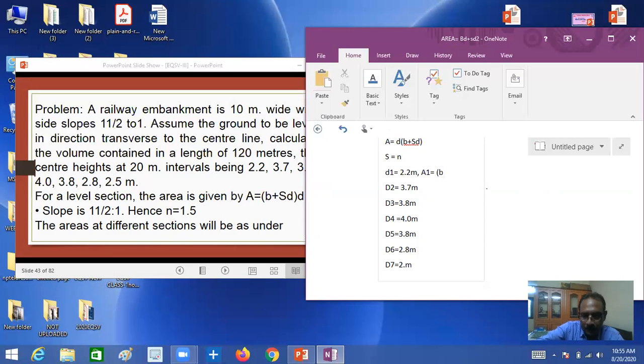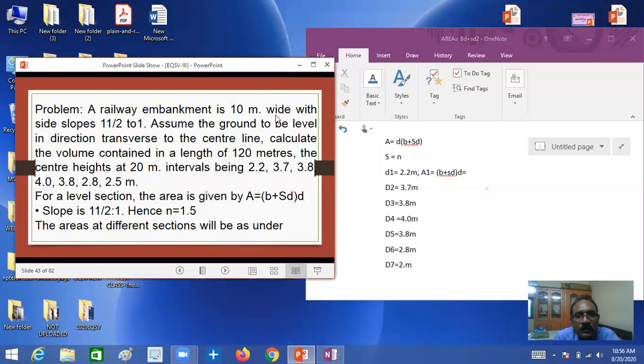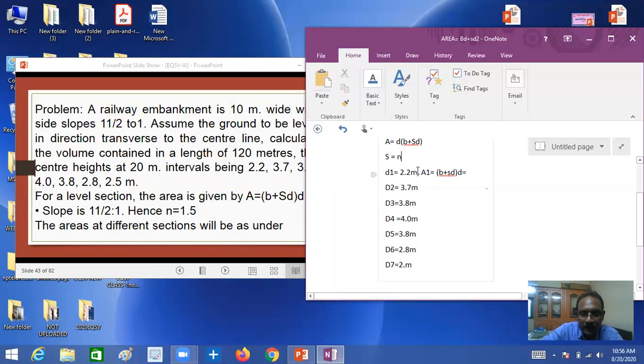Here B is the width of the formation, given as 10 meters.